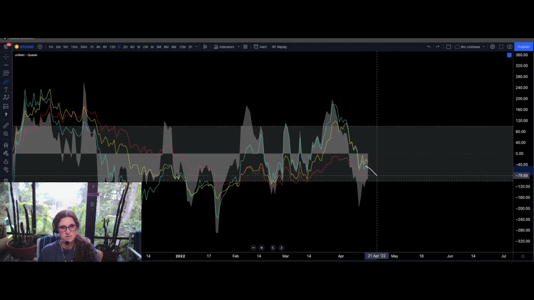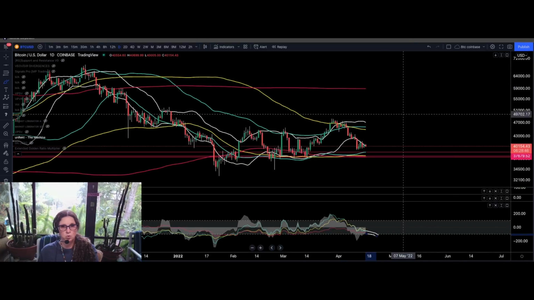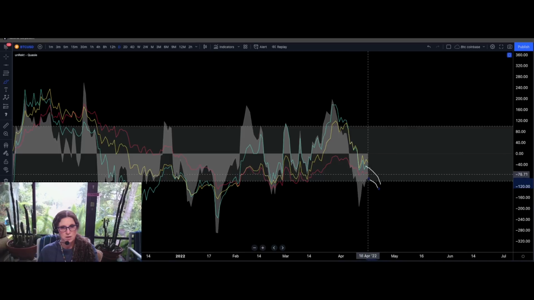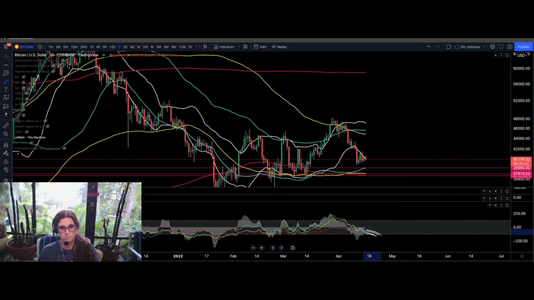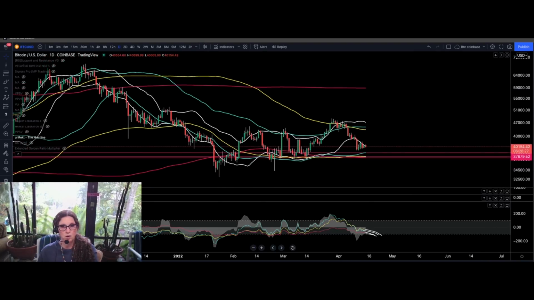If blue comes out and white comes out, it will be able to break white and blue, but yellow and red will still be inside. If red comes out and yellow comes out the bottom, then price on a daily time frame can break all of them to the downside, but not until then.